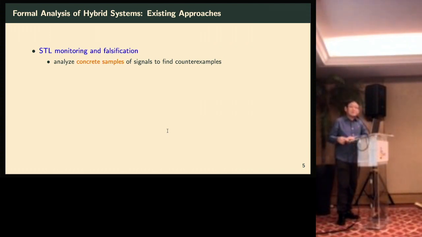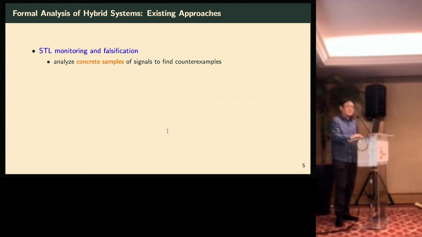Given simulation or testing, which generates concrete signals, monitoring checks whether the generated signal satisfies the STL requirements or not, and falsification generates or synthesizes counterexamples through various simulations and optimization techniques.